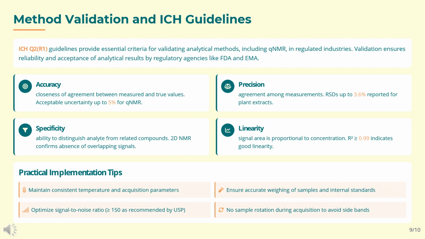Specificity, distinguishing analyte signals using 2D NMR if needed. Linearity, peak area proportional to concentration, R squared greater than or equal to 0.99. Practical tips include consistent temperature, accurate weighing, optimizing S/N ratio, and avoiding sample rotation to prevent artifacts.